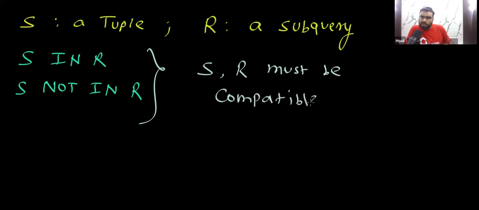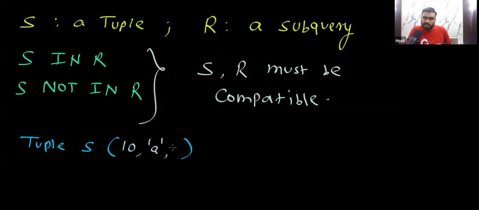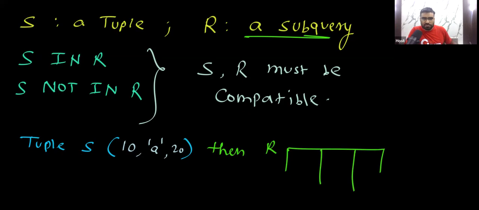What does compatible mean? For example, let's assume your tuple S has the value 10, then some A, and then the value 20. This is your tuple S. Then R is a subquery, and R must have how many columns? If this is your tuple, then R must have 3 columns.